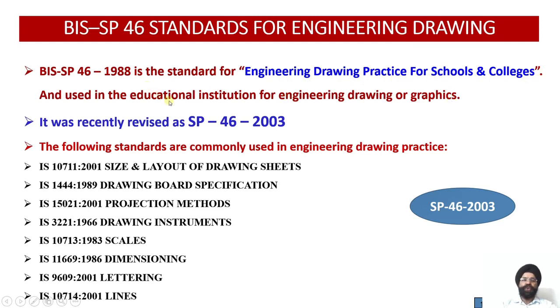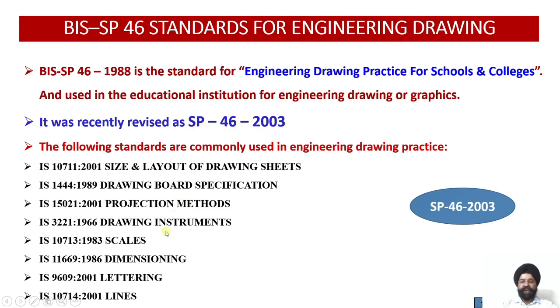Now this was used specially for educational institution purposes and even in the industries, and these standards were related to engineering drawings or engineering graphics. They have been revised latest as BIS SP 46 2003, and further improved to BIS SP 46 2014 standards.